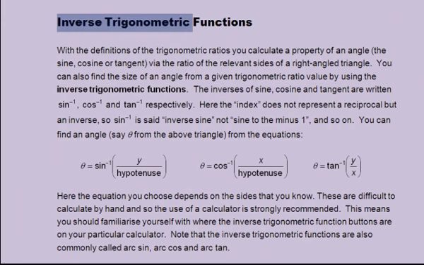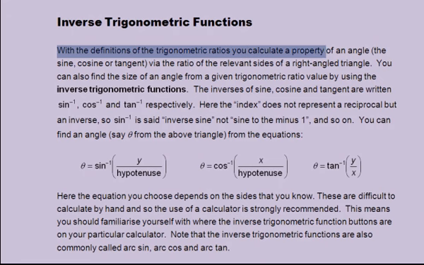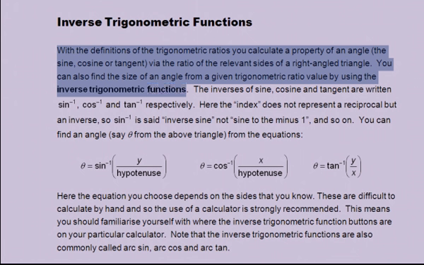Inverse trigonometric functions. With the definitions of the trigonometric ratios, you can calculate a property of an angle, the sine, cosine or tangent, via the ratio of the relevant sides of a right-angled triangle. You can also find the size of an angle from a given trigonometric ratio value by using the inverse trigonometric functions.